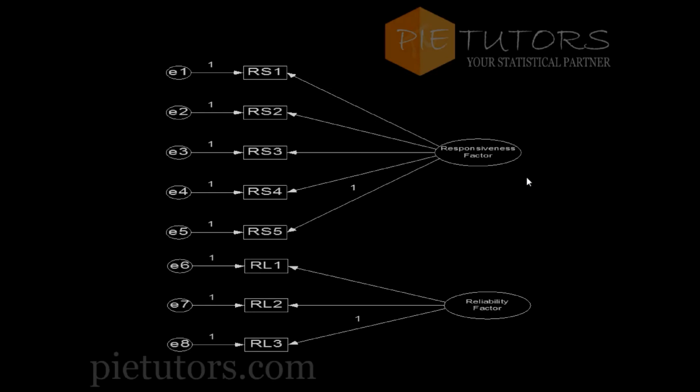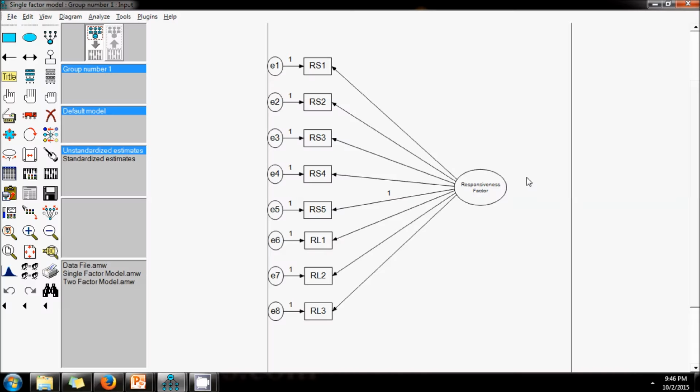The first step in order to test the independence of these two factors is to load all the items on a single factor and run the confirmatory factor analysis. As you can see, I have loaded all the 8 items on a single factor called responsiveness, and I'll run the analysis.